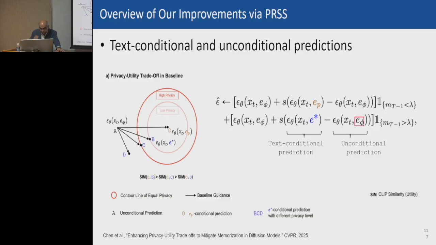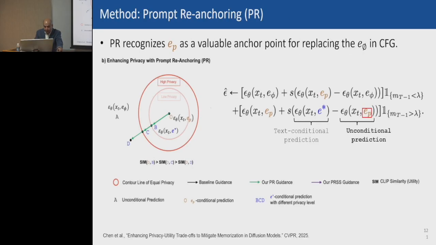Okay, so now what we are going to do in this case, when this is greater than lambda, we are going to look at the noise estimation with the null prompt. We are going to change this one. Instead of the null prompt, we are going to replace it with the original prompt.